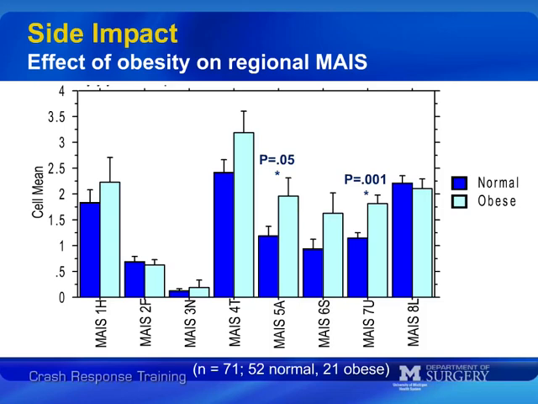In contrast to frontal crashes, lower extremity injuries are about the same between normal and obese occupants. You can see the significant increase in abdominal injuries with obesity. Remember, in the frontal cases, we saw a decrease in abdominal injuries, but with side impact crashes, obesity leads to an increase in the severity of the abdominal injuries. Let's examine the physics of why this might be the case.